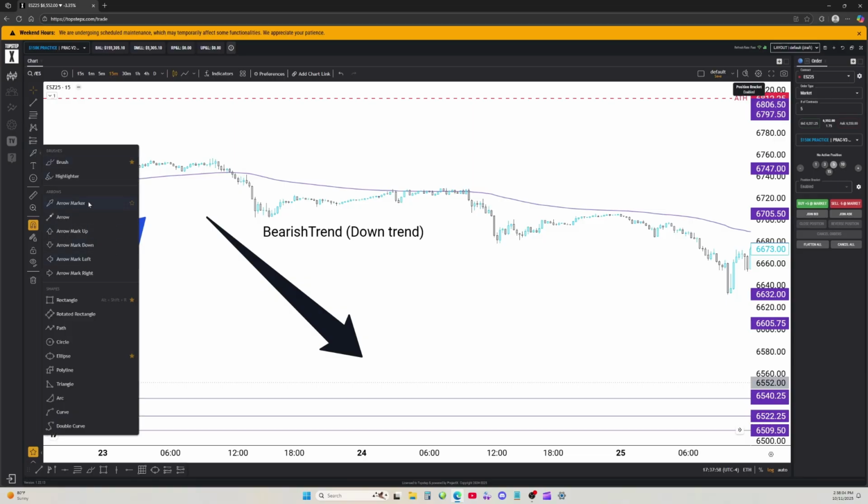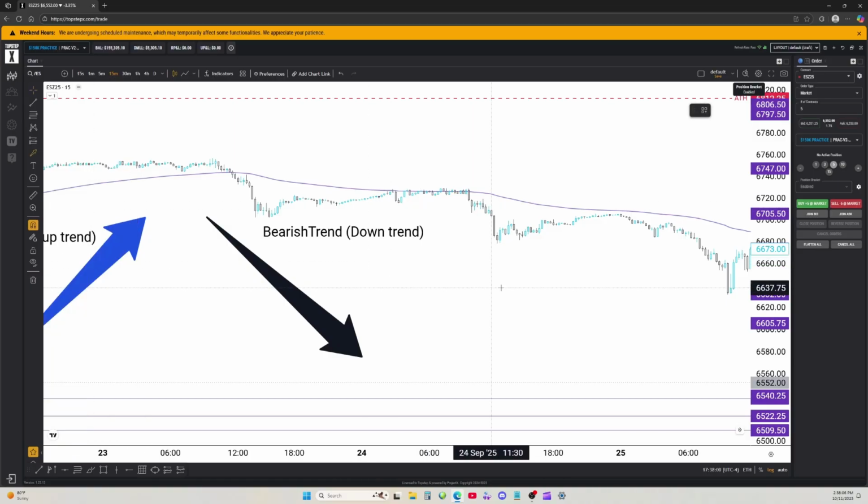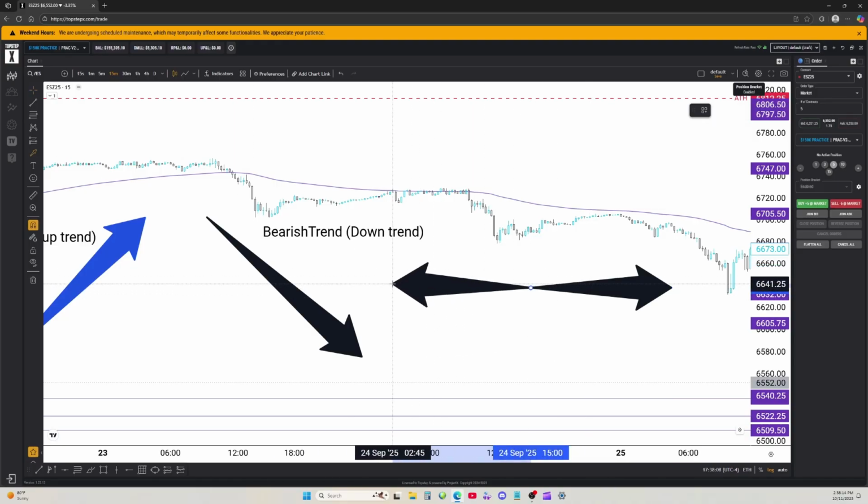And then when the market is, let's see, how can we do it here? Right here.